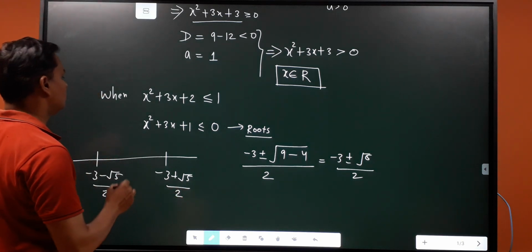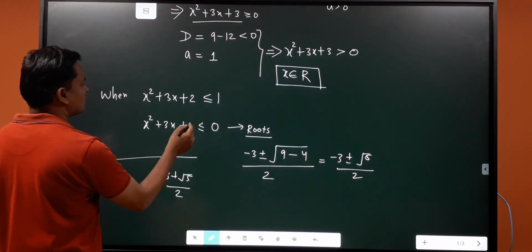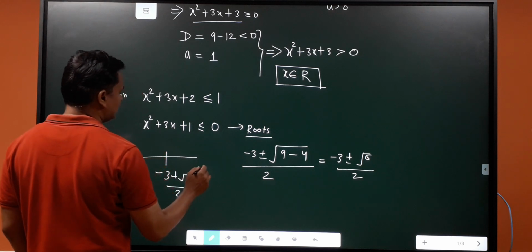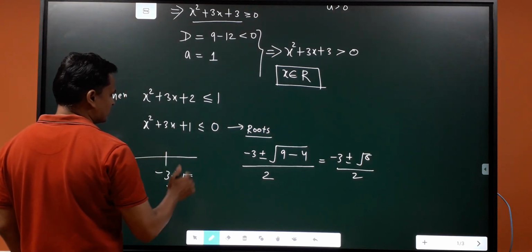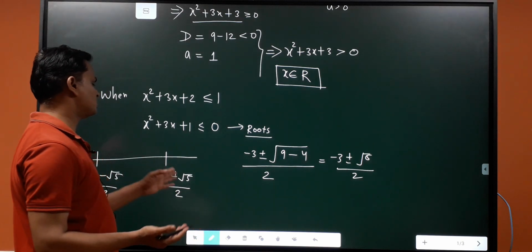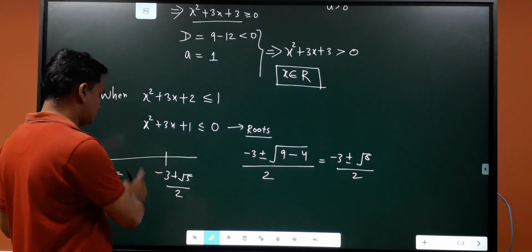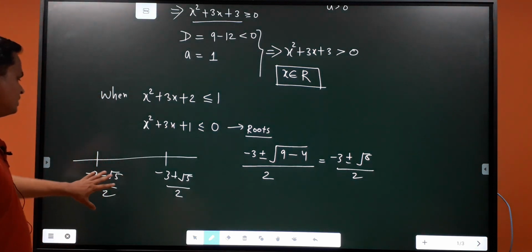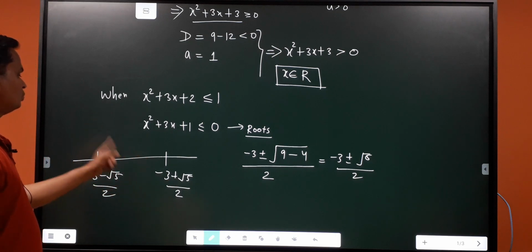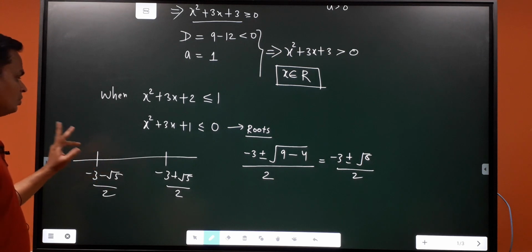What I want to find is where this particular expression is less than 0. Taking a value 0, 0 will lie on the right side of these roots, because root 5 will be something like 2 point something, and minus 3 plus 2 point something is also a negative quantity. Beware of this particular place. Many students think that this is positive, and make the blunder of putting 0 in between this interval. So be aware of this.